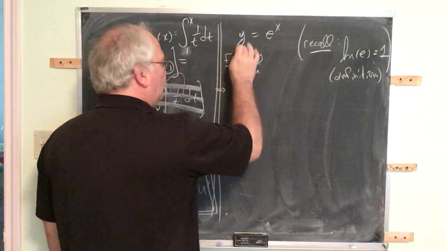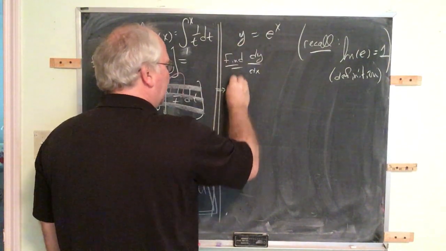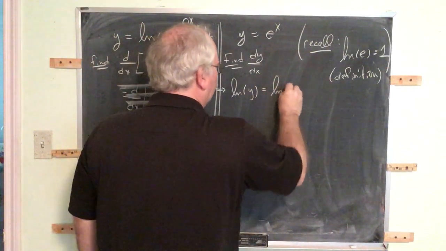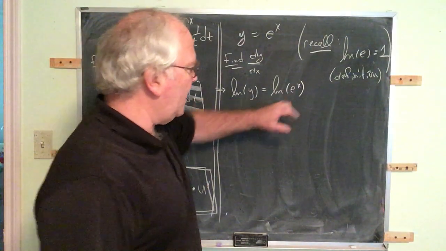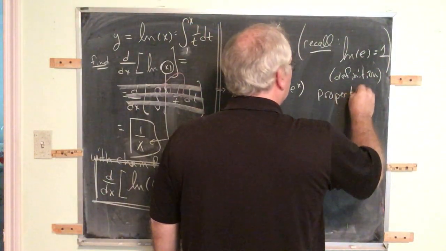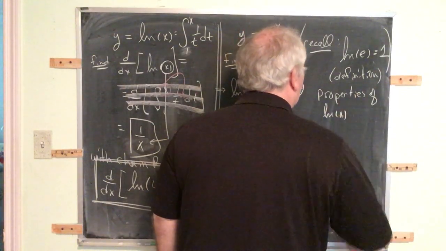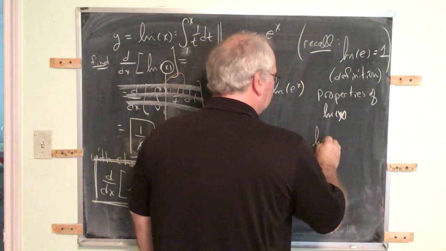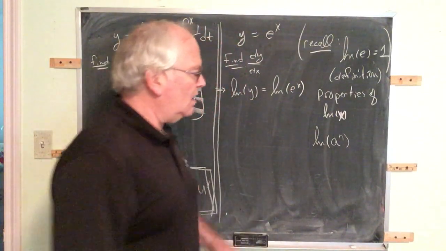Before we do the derivative, what we're going to do is simplify this expression a little bit, and that is we're going to take the natural log of the left-hand side, which is equal to the natural log of the right-hand side. Now, you'll recall from your glory days in basic algebra, properties of the natural log function is this: the natural log of a raised to the nth power.